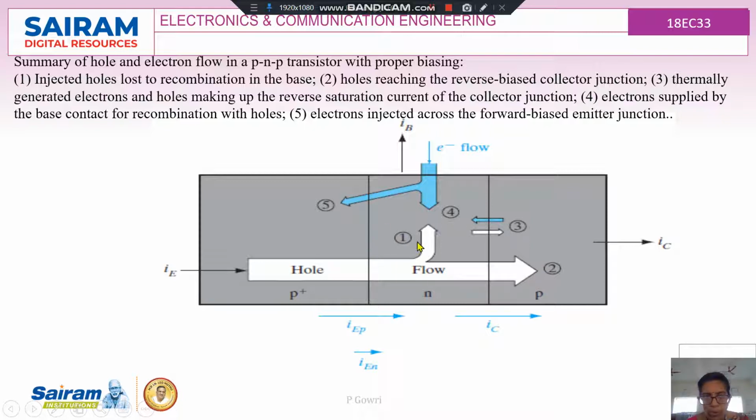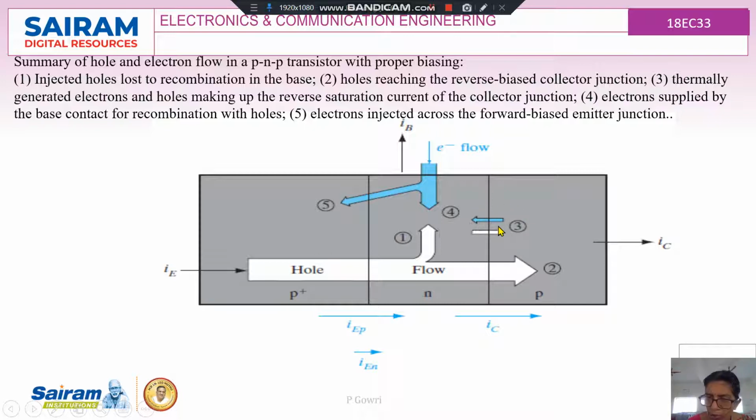Some of the holes present here will recombine with the electrons present here. So the recombination takes place in the base region, and similarly there will be another current due to the minority carriers already present in the collector and base region.